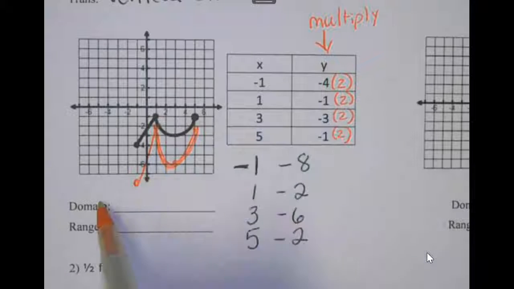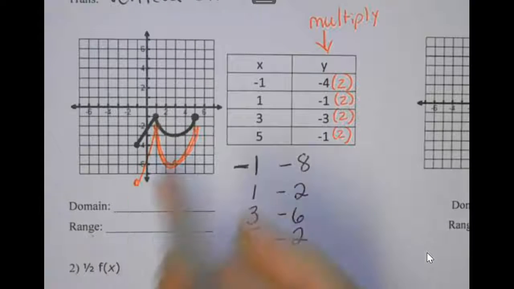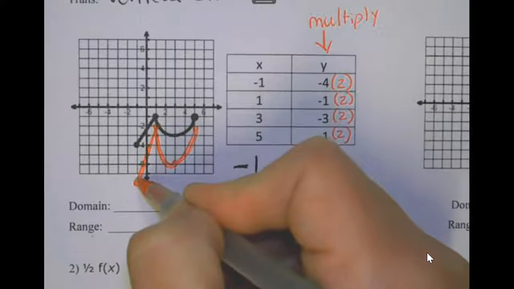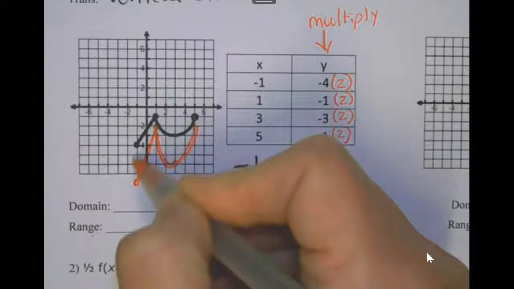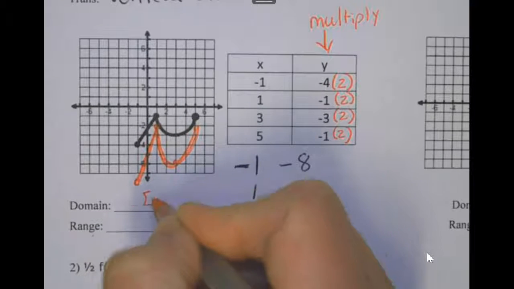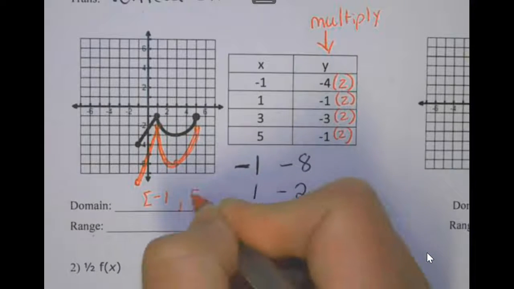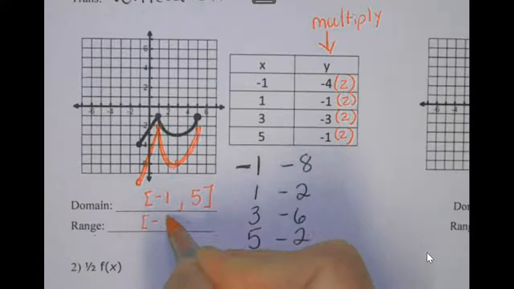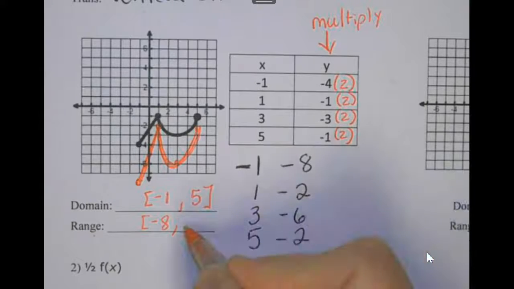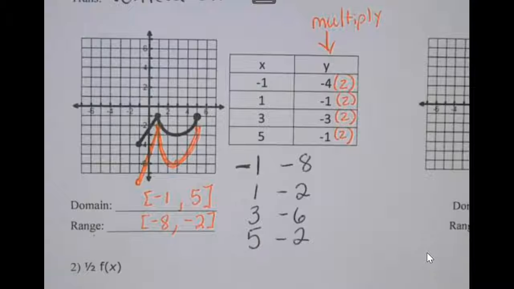So, the domain and the range are the domain and range of the new graph. And so this would be at -1, 5. The bottom point is at -8 and -2. That would be your domain and your range.